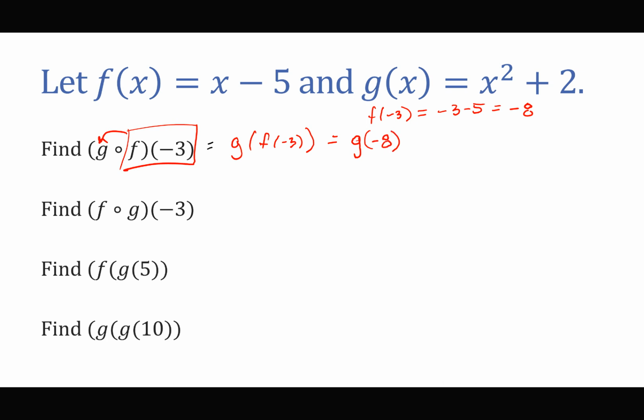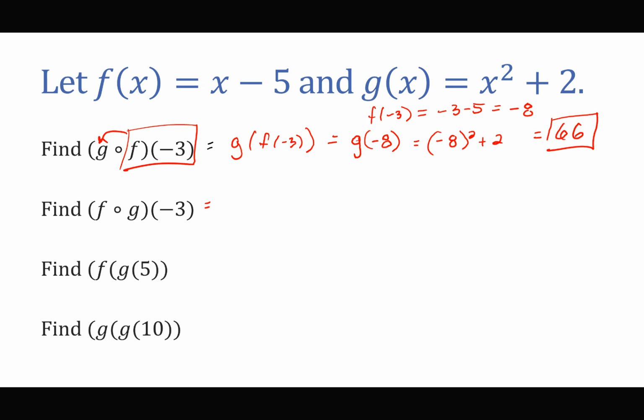So it's g of -8, which becomes -8 squared plus 2 to end up with 66. All right, so work from the inside, get that new number, replace your f of -3 in your composition statement with that number, and then do the operation one more time.